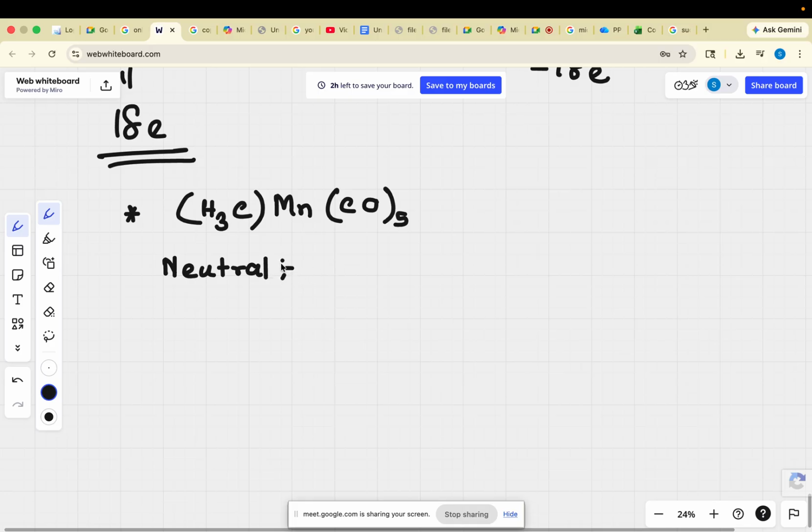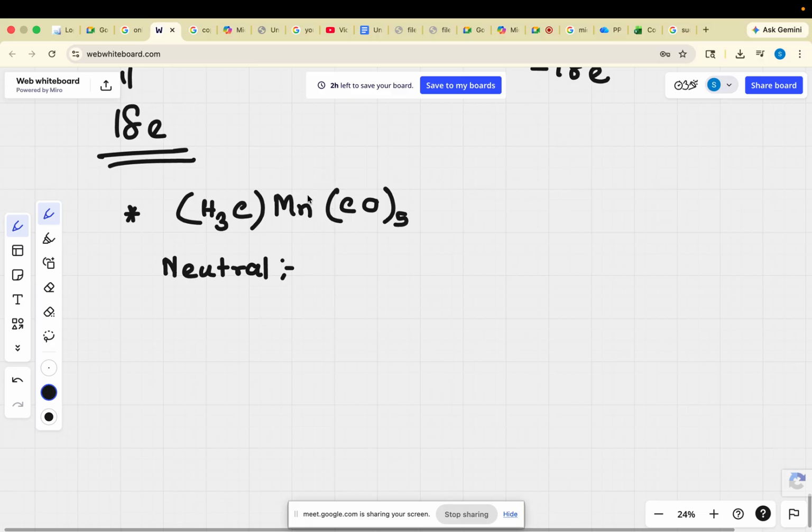So do it. Here, manganese oxidation state, 3d4.